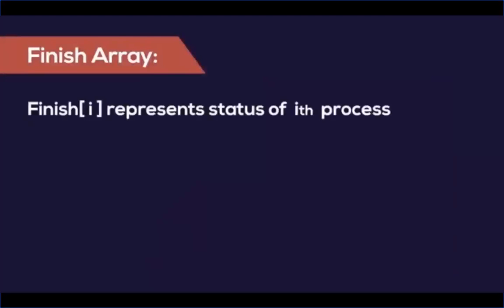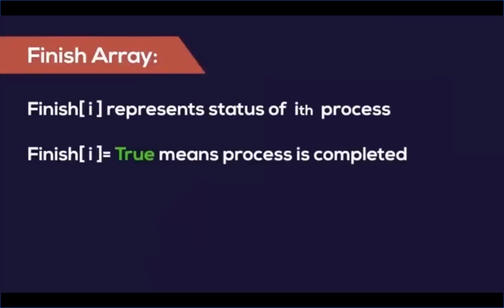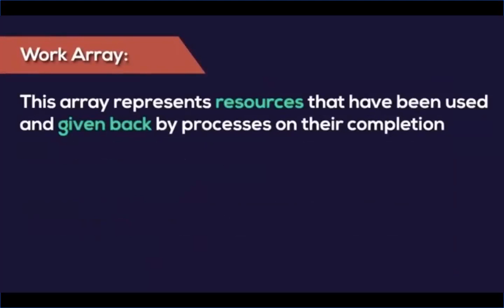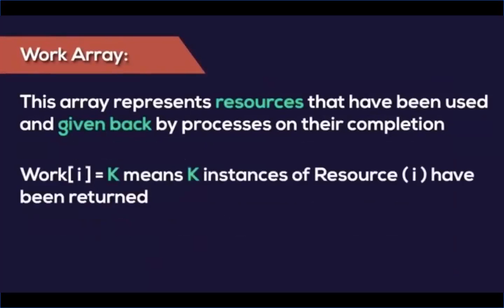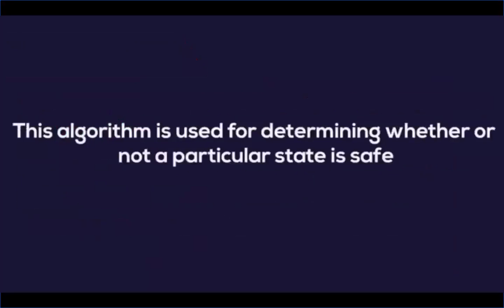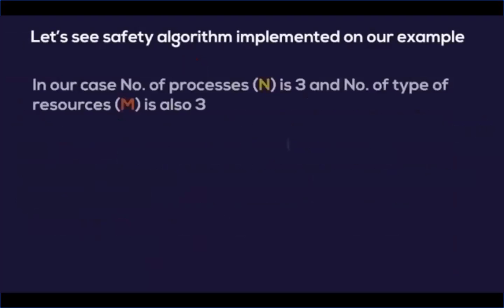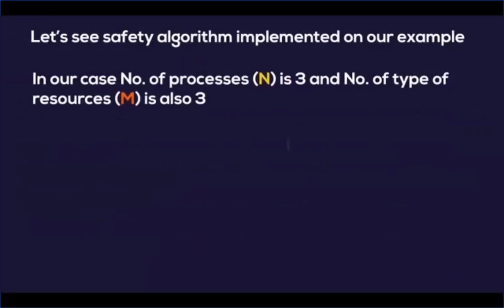First of all, will initialize finish of I equal to false. And work array, we simply copy the available resources there. Now, the steps of algorithm will start. Number of processes are the same example we'll consider.